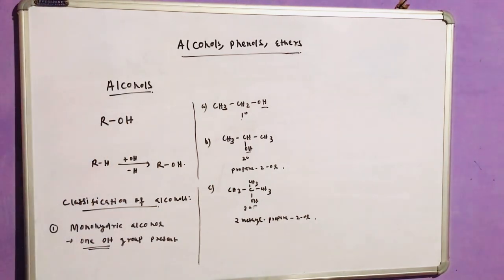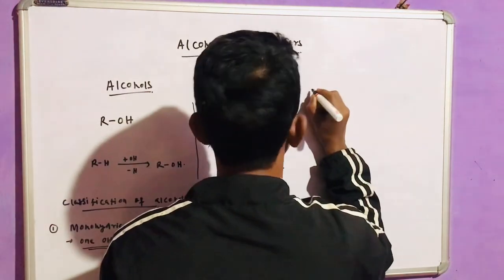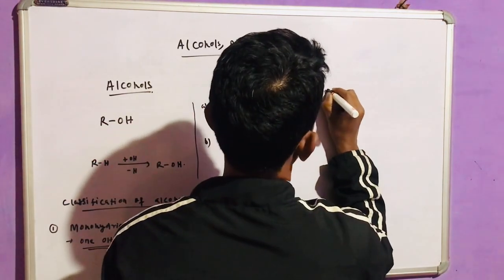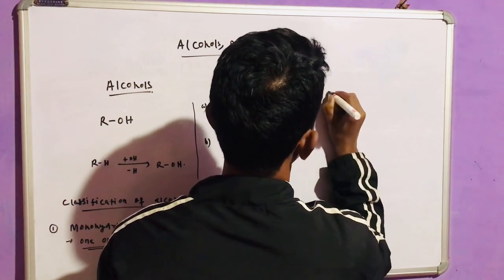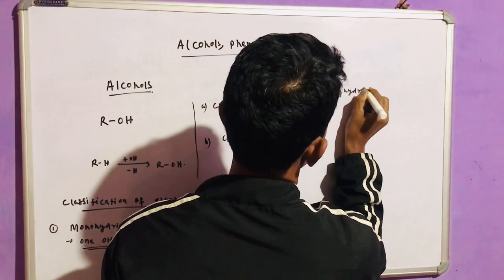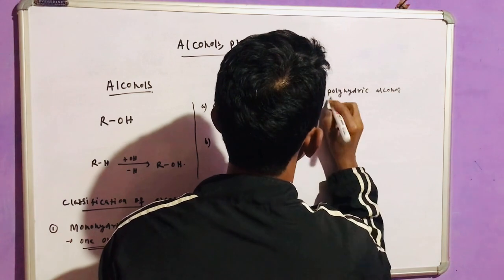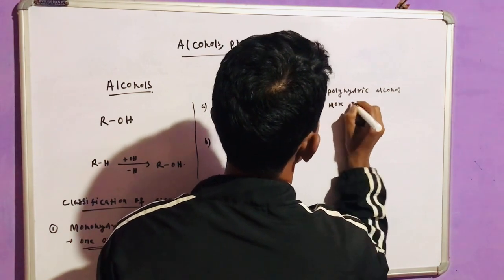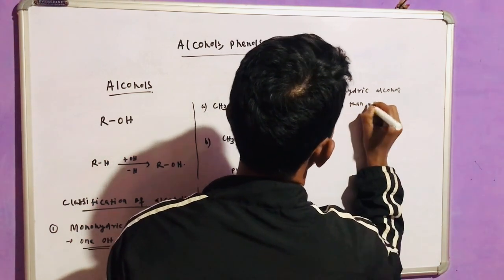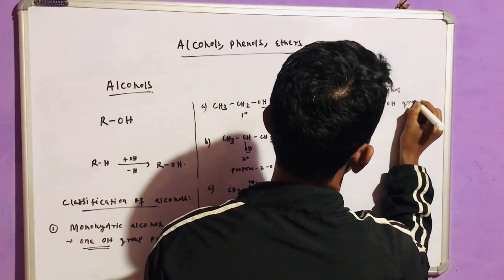And if more than one OH group is present, that is called polyhydric alcohols.